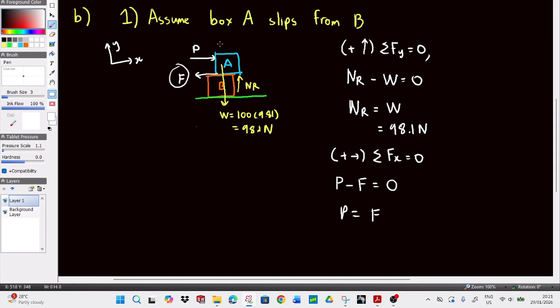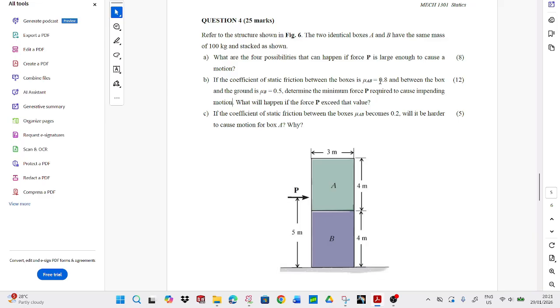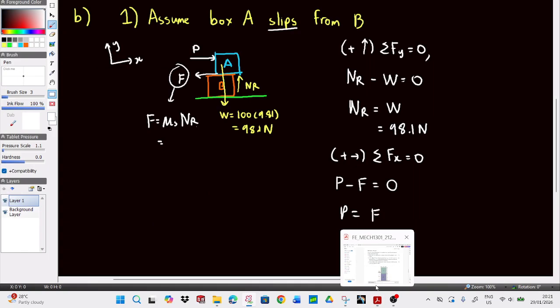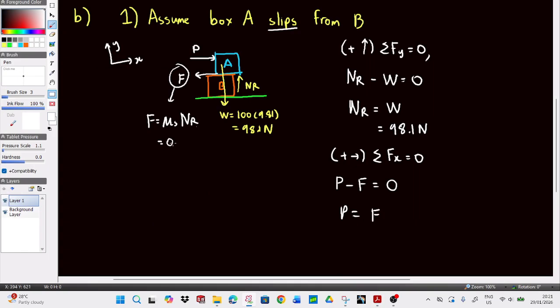Here's the thing: because we're assuming it slips, this F is equivalent to μs NR, the maximum frictional force. So what is our μs? Basically, our μs is 0.8. So it is 0.8 times NR, which I'll show you in a while.